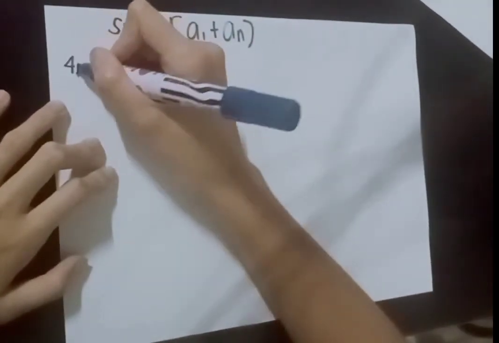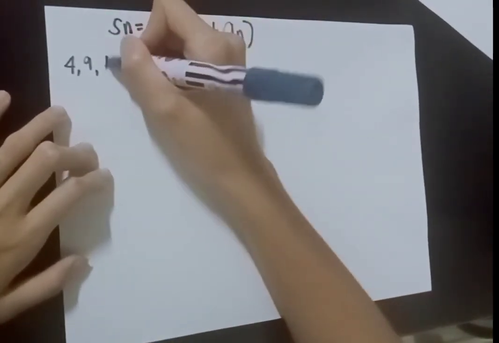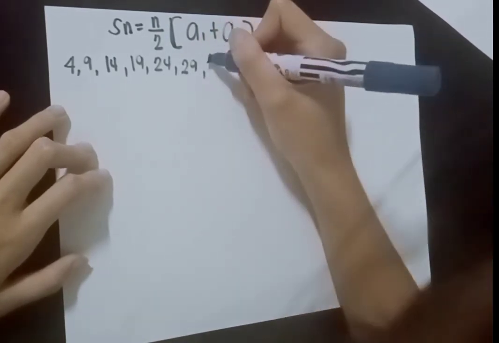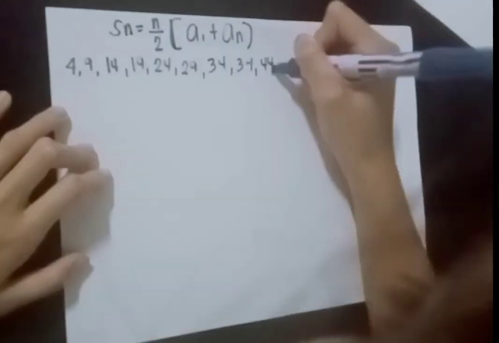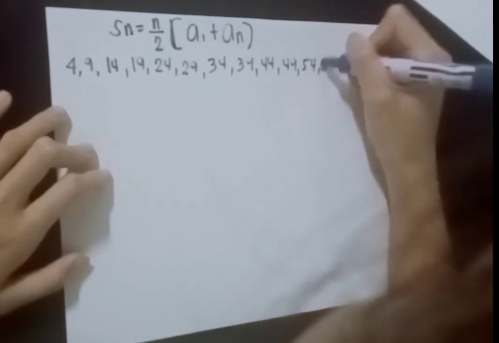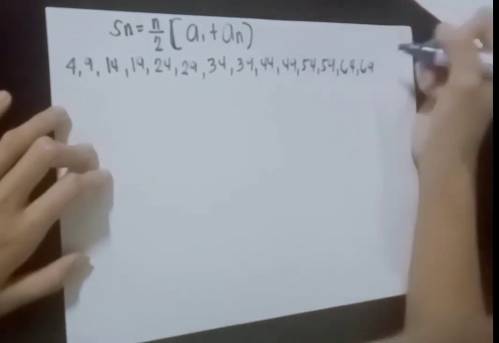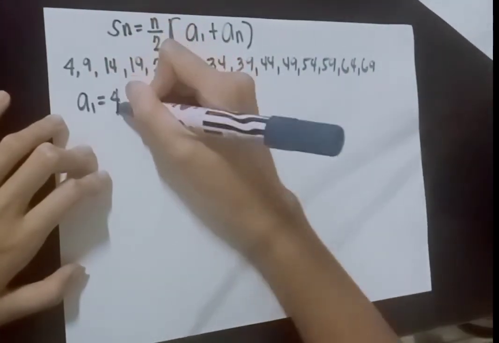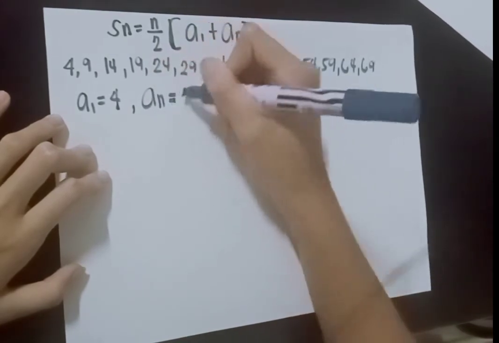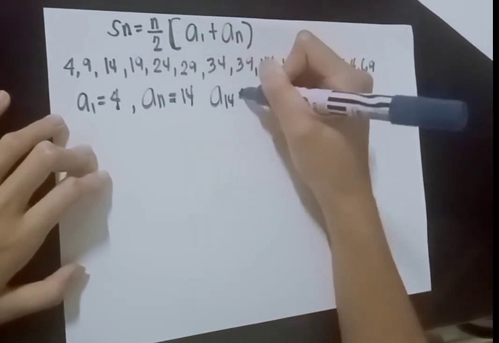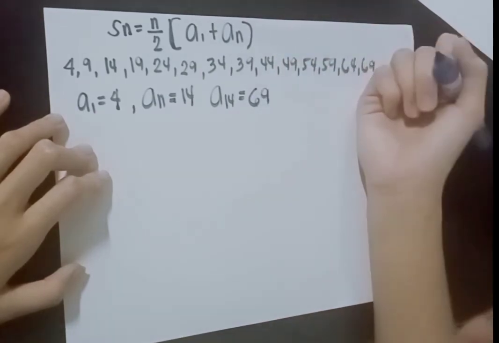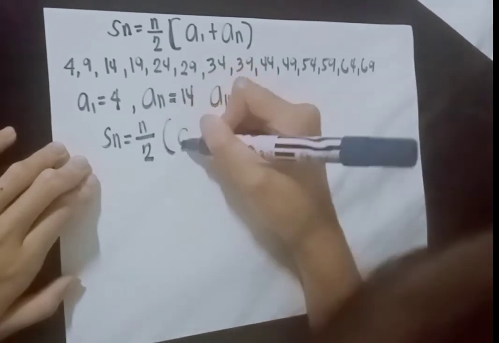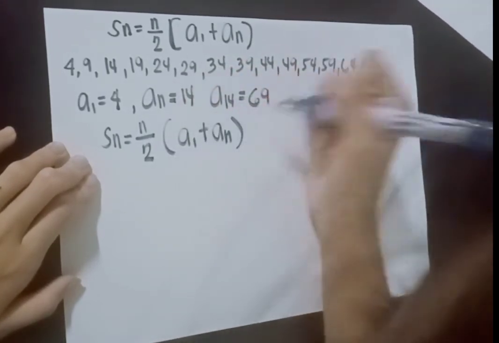Example: our arithmetic sequence is 4, 9, 14, 19, 24, 29, 34, 39, 44, 49, 54, 59, 64, 69. It can be written as a sub 1 equals 4, n equals 14, and the 14th term equals 69. So the formula is Sn equals n divided by 2 times a sub 1 plus a sub n.